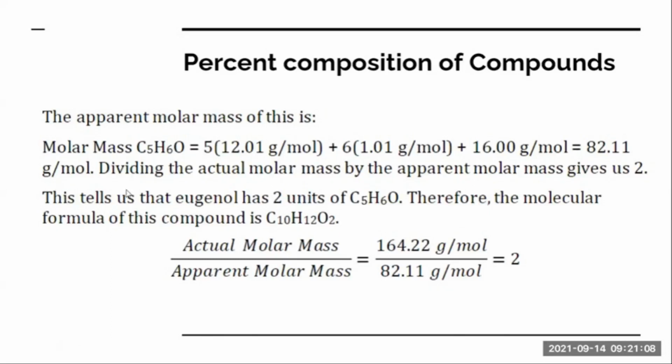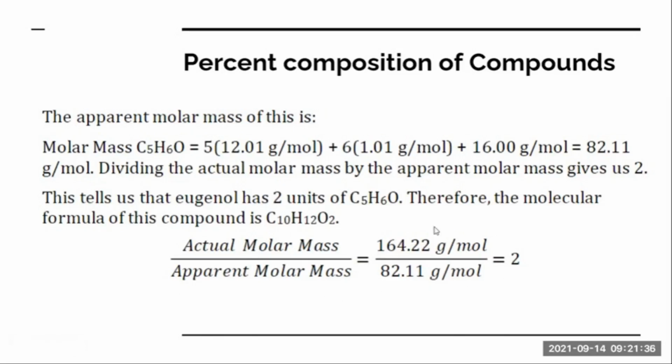Meaning, the actual molecular formula of eugenol is not the empirical formula. It is an integral factor of the empirical. So, when we divide the given molar mass or the actual molar mass by the apparent, when we say apparent molar mass, this is the molar mass of the empirical formula.